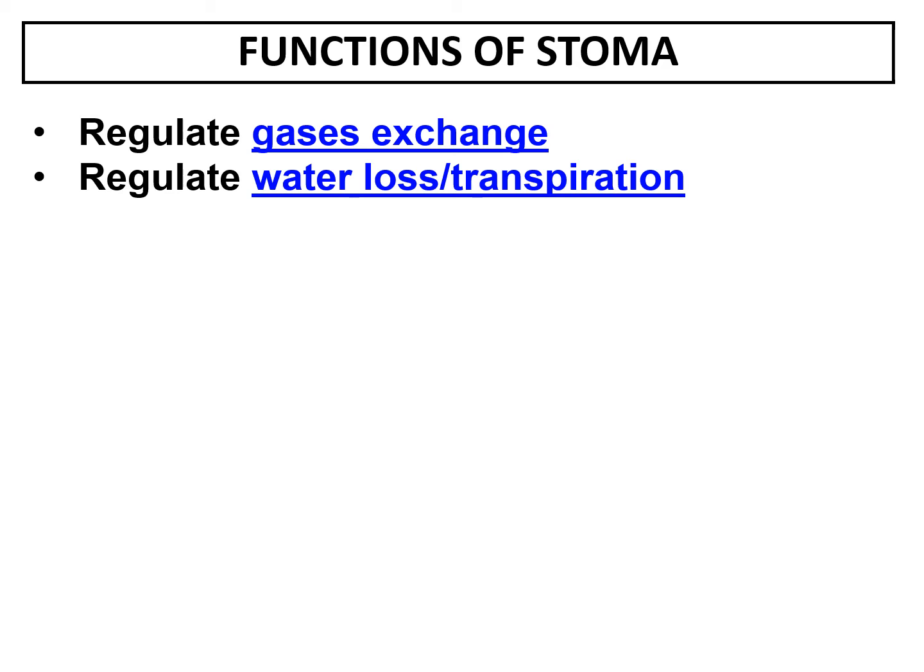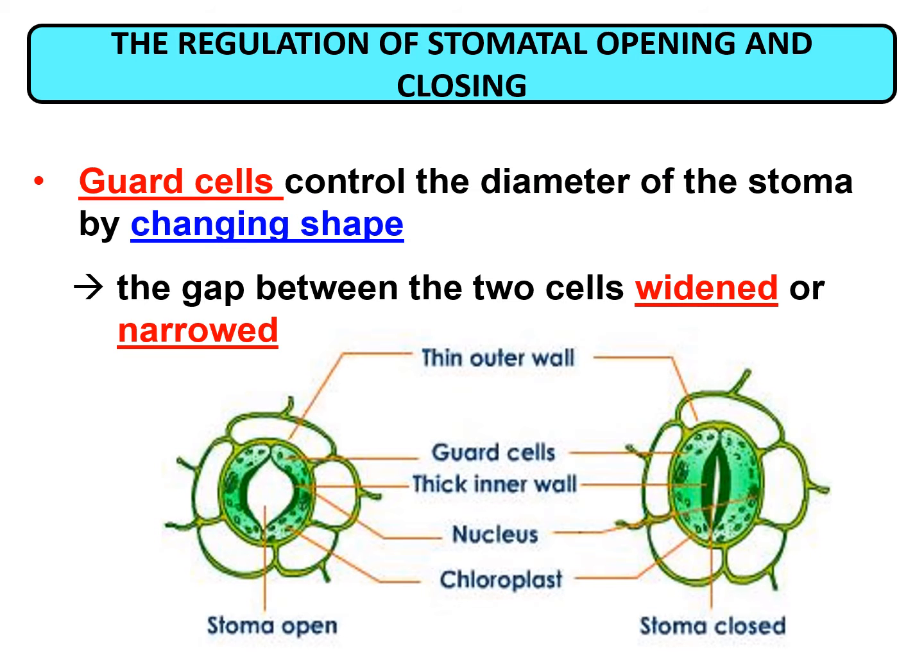Functions of stoma is to regulate gases exchange and regulate water loss or transpiration. Regulate gases exchange, which in turn will also regulate water loss. So what guard cells do is to control the diameter of the stoma by changing shape.